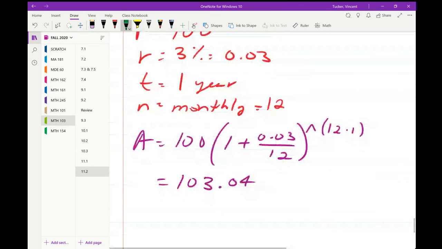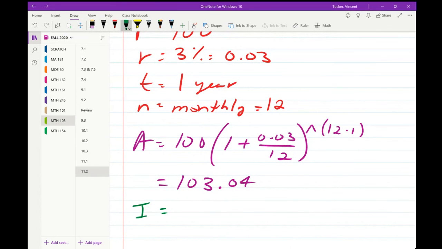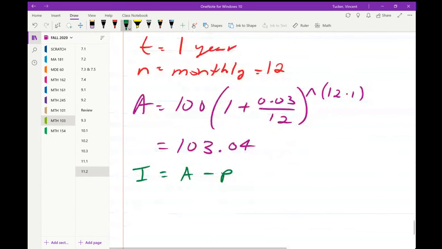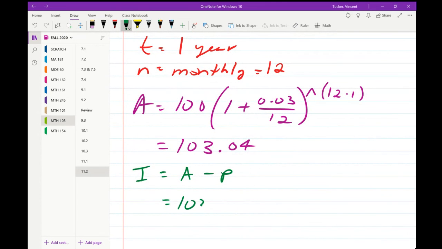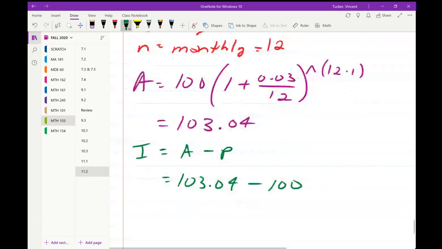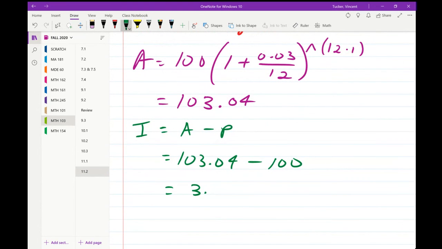All right, then we will calculate the interest earned. Don't forget that's A minus P. So it's 103.04 minus 100. That's 3.04.